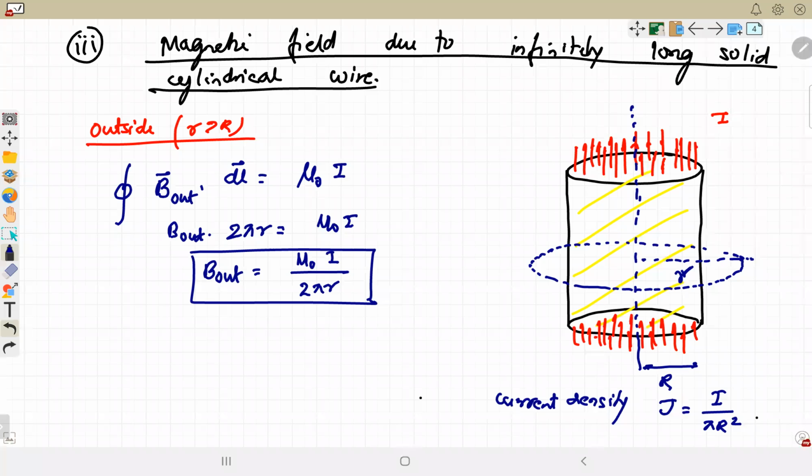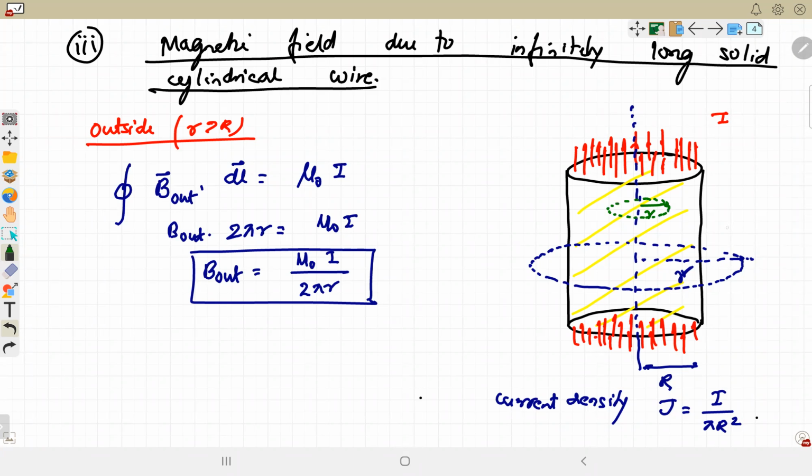Just as in electric field, if it is a hollow sphere or a solid sphere, if charge is uniformly distributed, outside at every point the formula is the same, kQ by r square. So outside doesn't matter. Now inside, if you choose any point, we have to find the magnetic field formula.